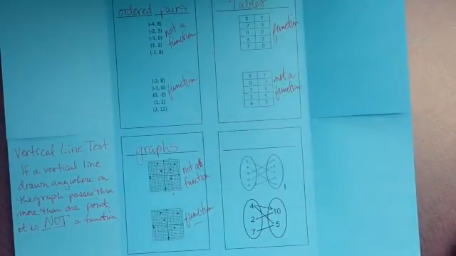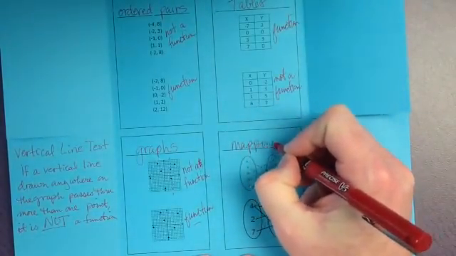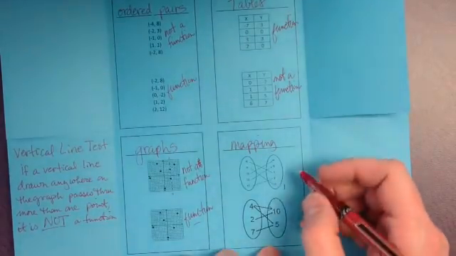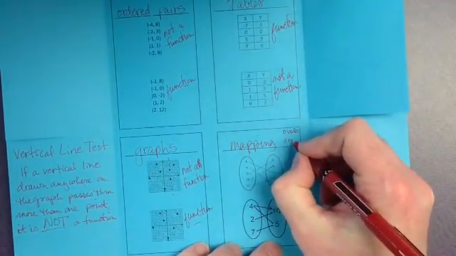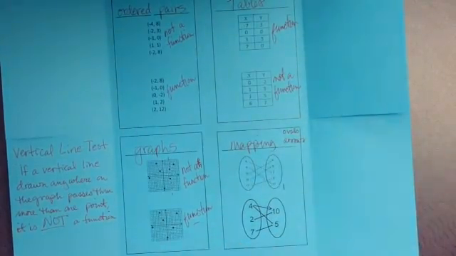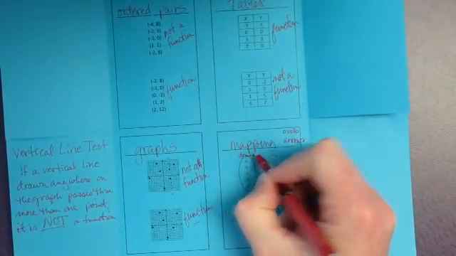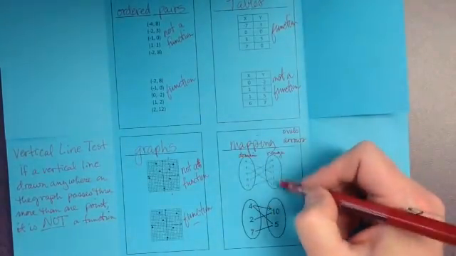And then the last we're going to look at might be new to you, may not, but this is called a mapping. There are 2 very important things about the mapping that you have to have or you will be incorrect. With the mapping, you must have ovals and you must have arrows. The left is the domain and the right is the range, or the x's and the y's.